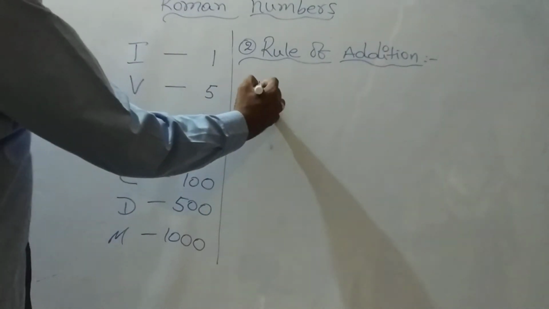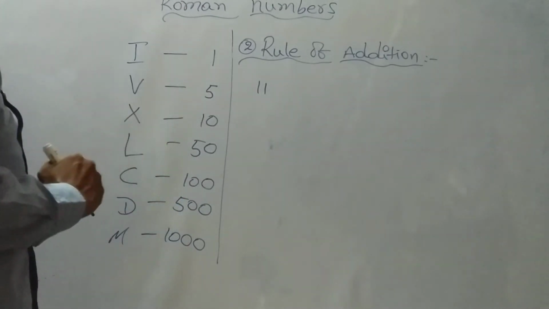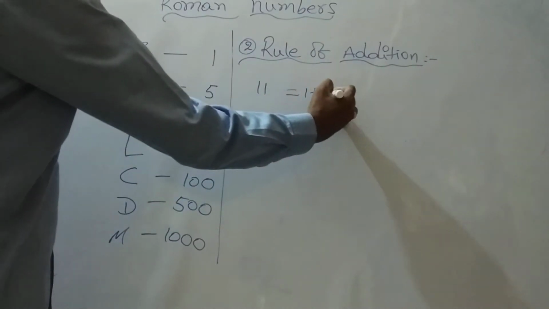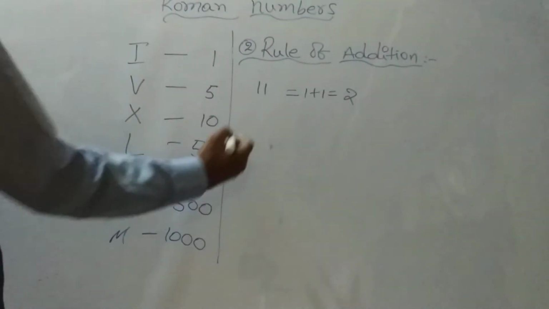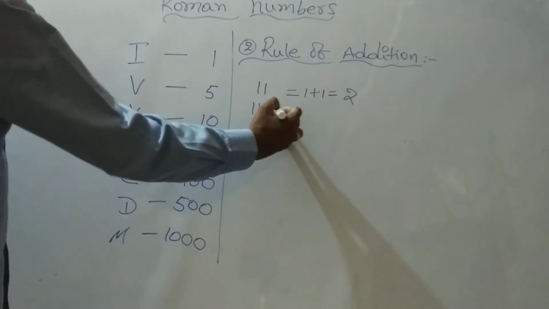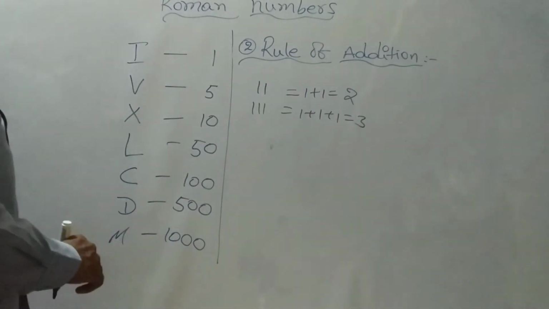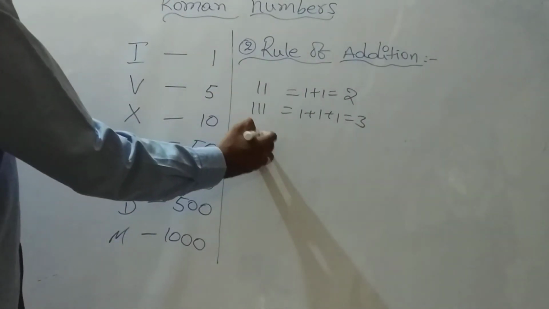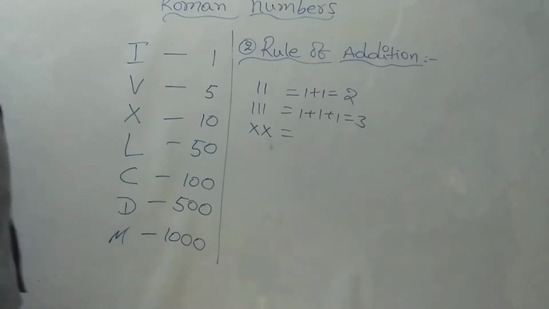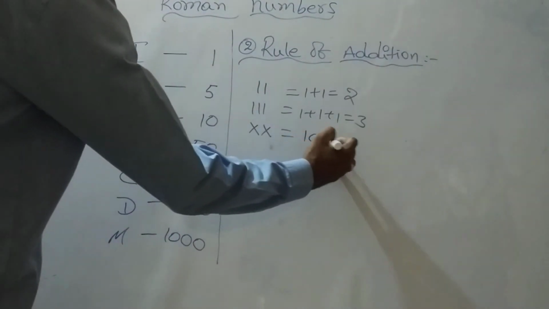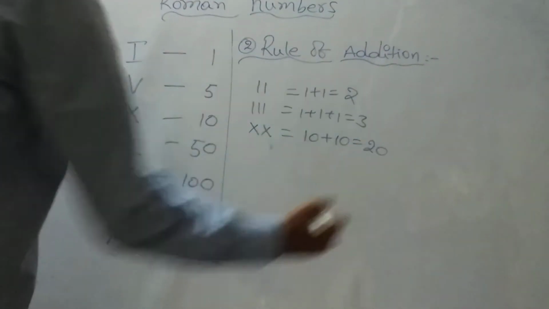What is that? I. It is repeating 2 times. It can be added. Means 1 plus 1, that is 2. Okay. If I is repeating 3 times, 1 plus 1 plus 1, that is 3. Okay. Next, X. How much is it? 10 plus 10, that is 20.